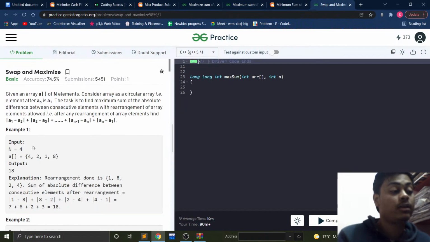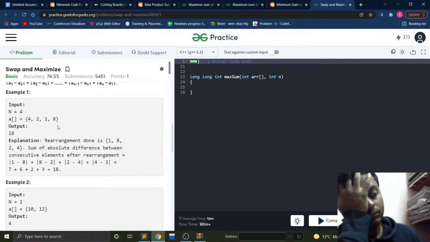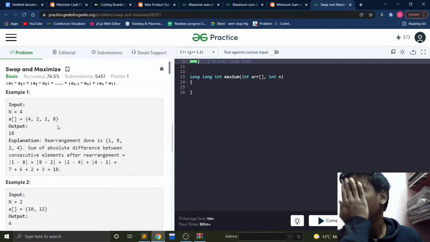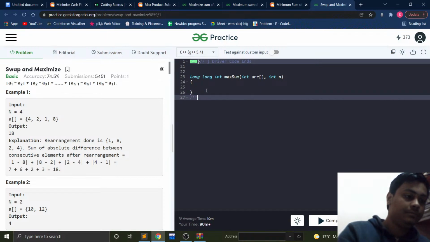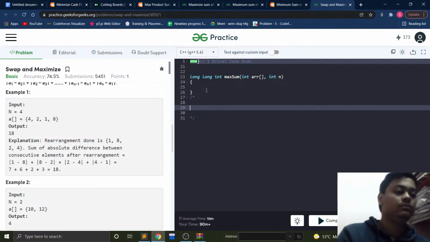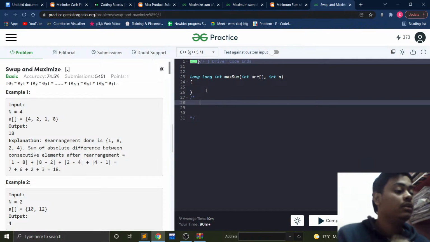Here we have a circular array. 4218, 1824, and again. Okay. There we had a permutation, here we don't have a permutation. That is the first difference.